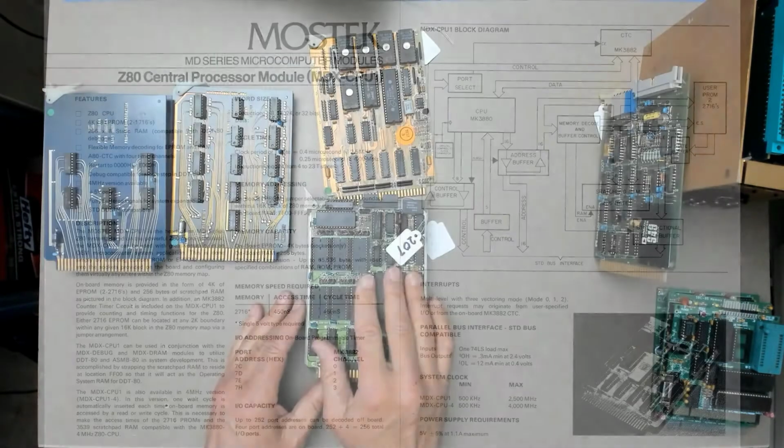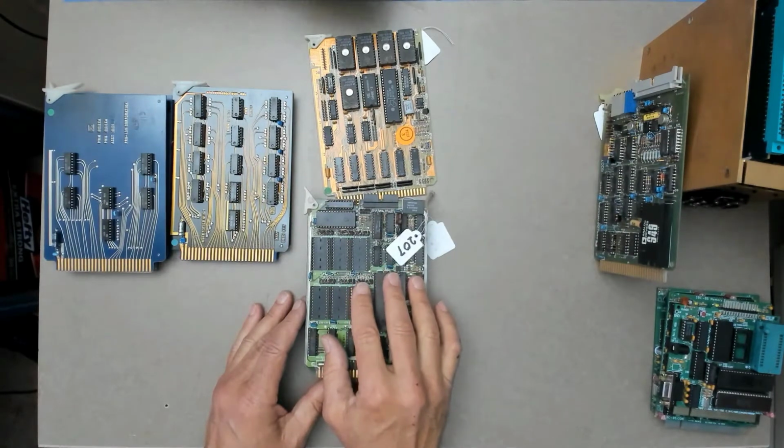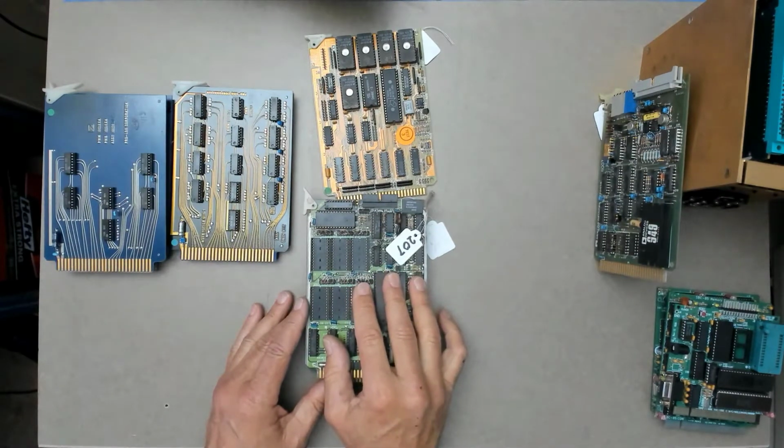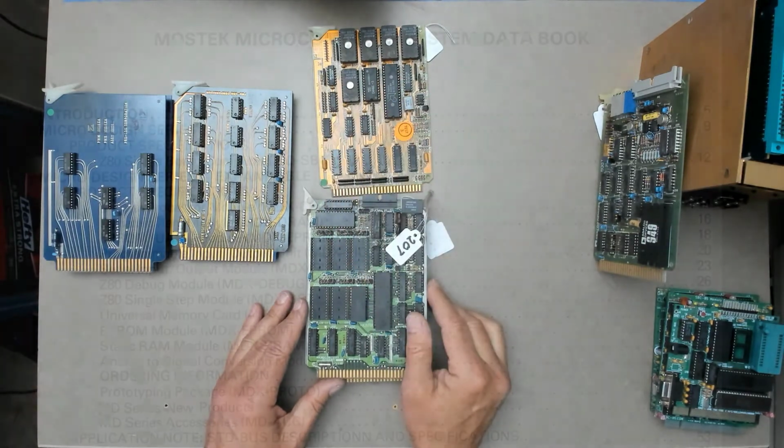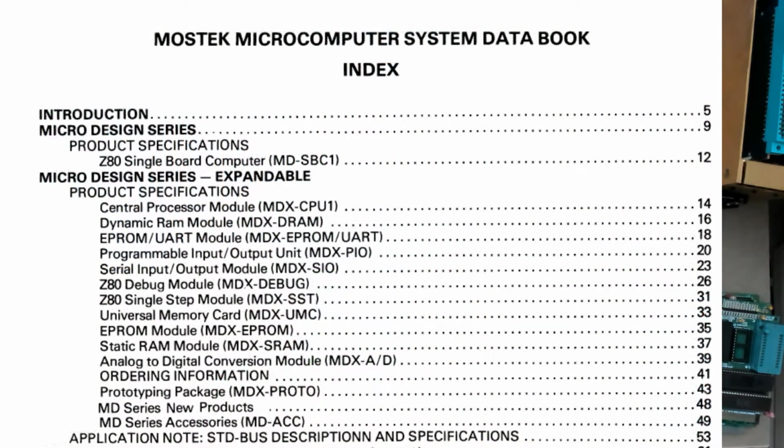So this was the Micro Design Expandable, or MDX, which was very much equivalent to the Prolog 7000 series. In 1979, Mostek had a dozen of these MDX boards, and they still only had that one MD-SBC Z80. So the MDX took over their product line.